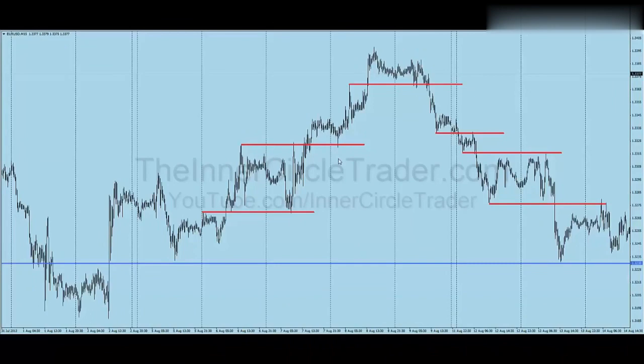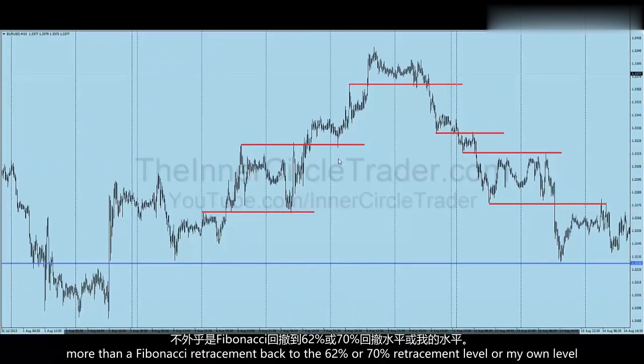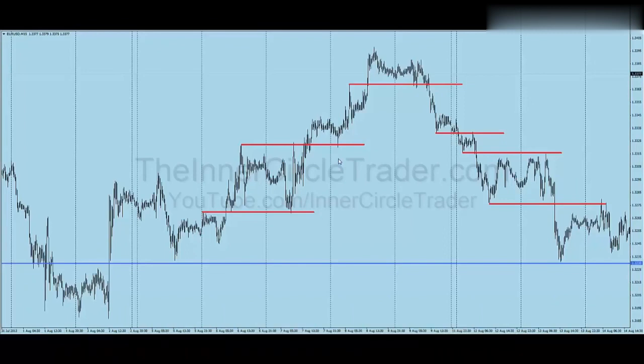I'm very well known for what I coined as the optimal trade entry, which is simply nothing more than a Fibonacci retracement back to the 62% or 79% retracement level, or my own level 70.5, which is between the 62 and 79% retracement level.